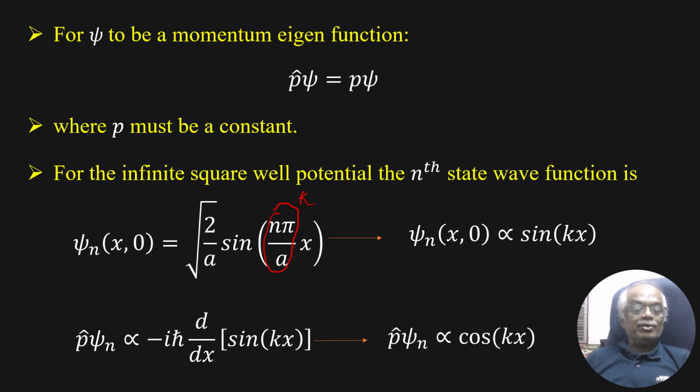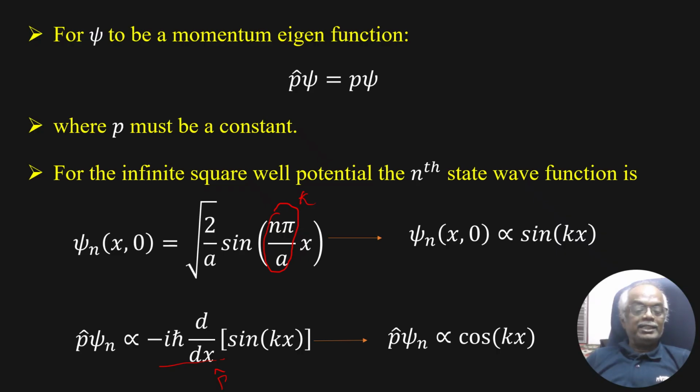So you can ignore this constant; psi n of x is proportional to sine kx. Now let the momentum operator act on psi n. Then it is proportional to i h cross d over dx. This is the momentum operator p hat.